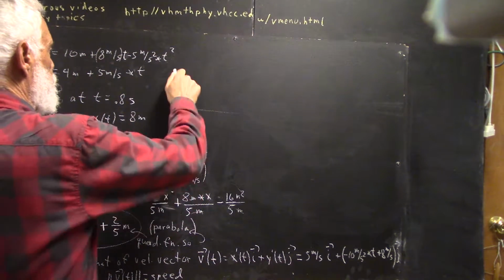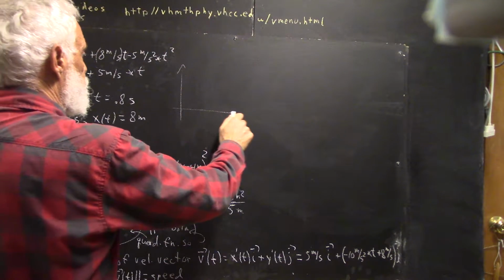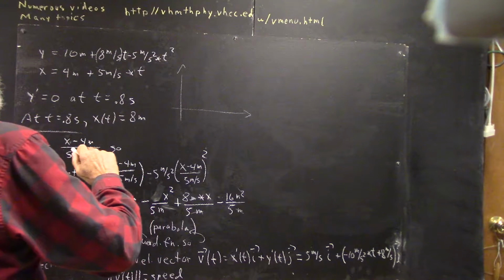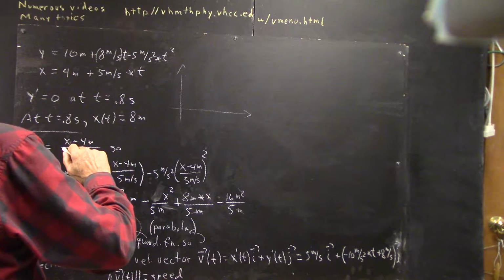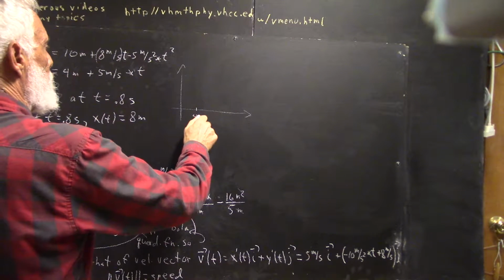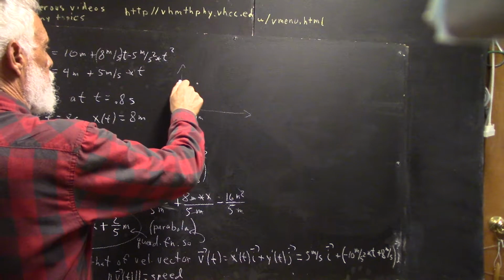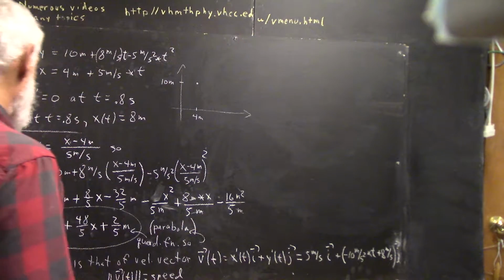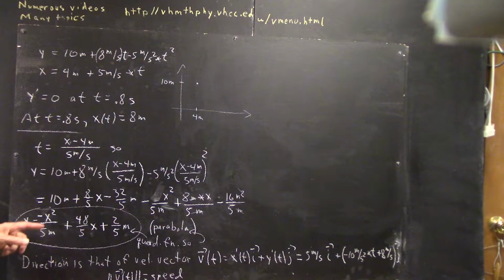So we have the point 4 meters, 10 meters on our graph. And if you let x equal 4, you're going to get y equals 10.